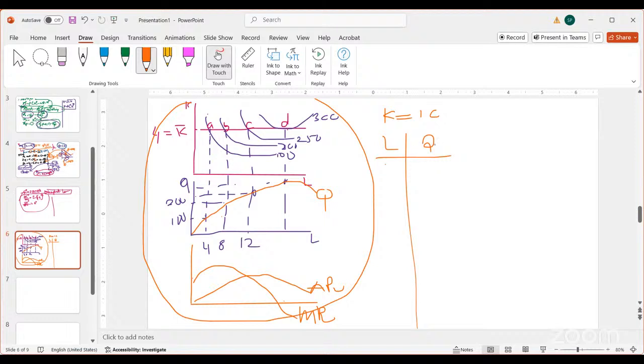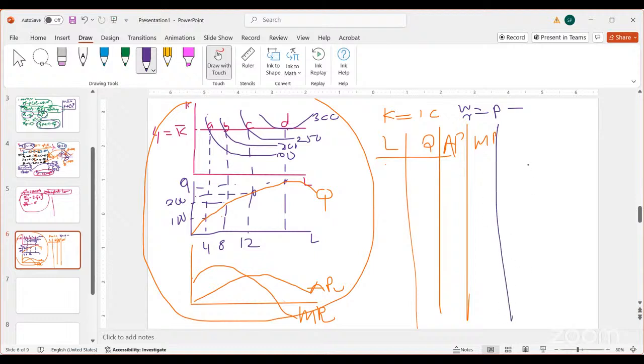With that, you should be able to find the average product, the marginal product, and also, given the wage rate, R and the market price, you should be able to find total cost, average cost, the marginal cost.